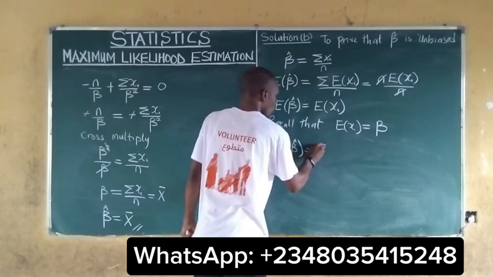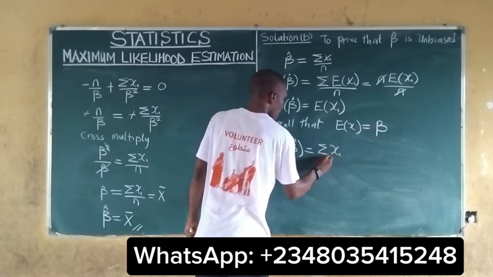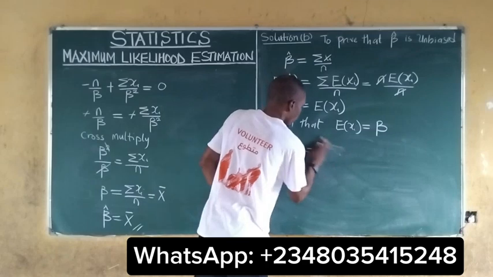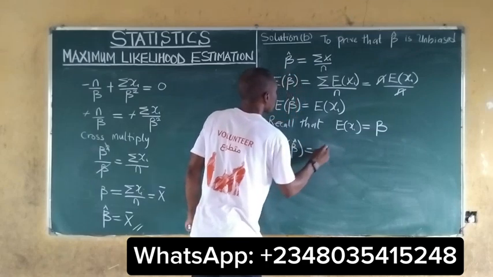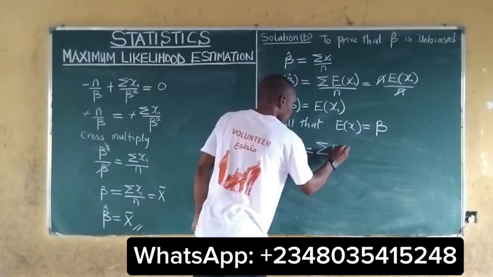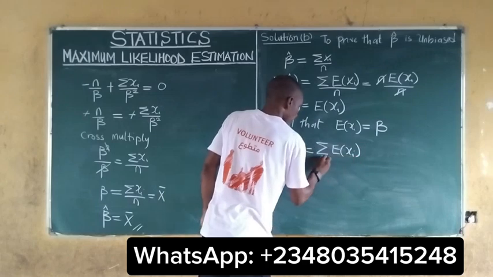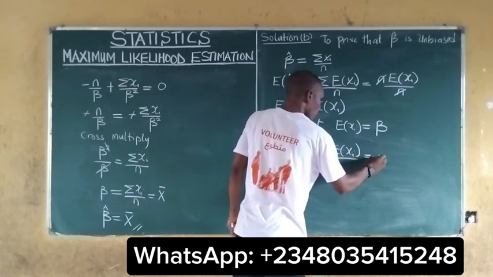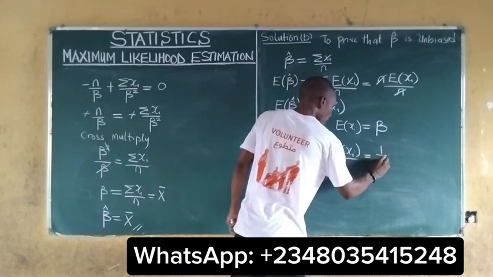It will be equal to summation of the expected value of xi all over n, which is also 1 all over n.